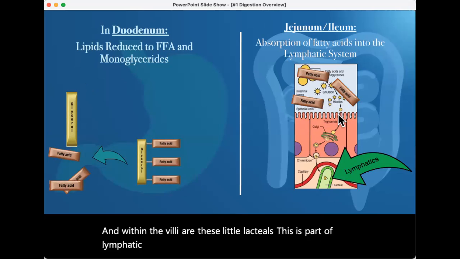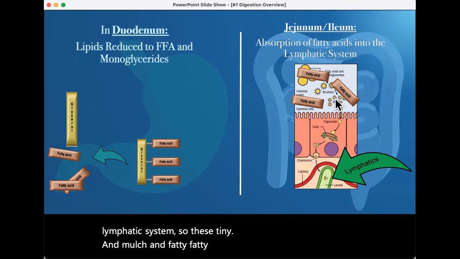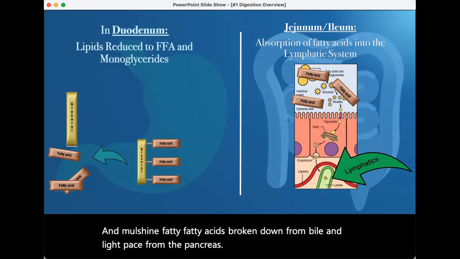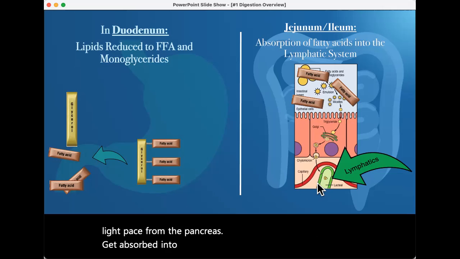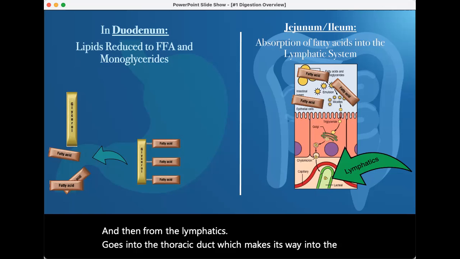So these tiny emulsified free fatty acids, broken down from bile and lipase from the pancreas, get absorbed into the lymphatics. And then from the lymphatics it goes into the thoracic duct, which makes its way into the venous circulation and finally into the liver.